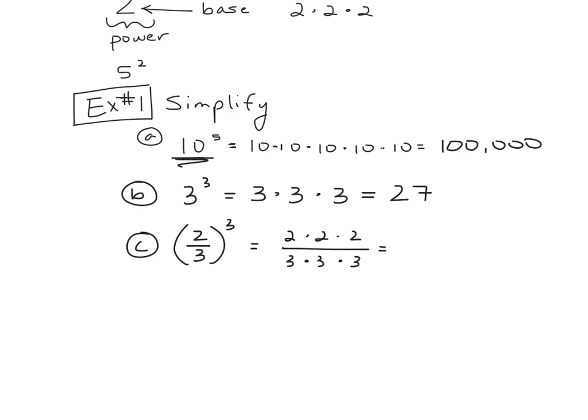What is 2 cubed? 2 times 2 times 2 is 8, okay? So that's 8 on top. What's 3 times 3 times 3? You just found it up here, right? 27. So that would be 8/27 for your answer.